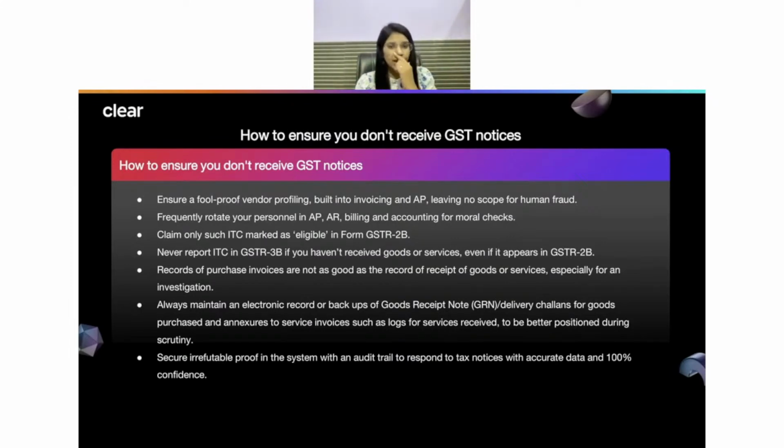And see, I will tell you, there are a few things we don't even think about. Many times people do backdated invoices also. But even when you're doing a backdated invoice, are you looking at the series you are maintaining? I have seen cases where people have issued INV 1 to INV 10 in the month of August, for example. From, let's say, INV 11 to INV 15 I have raised in the next month, and I reported that also.